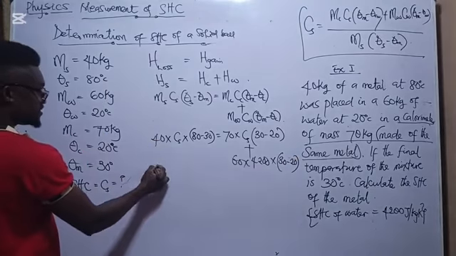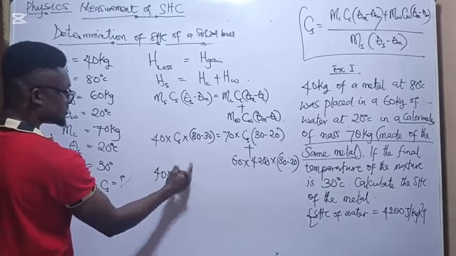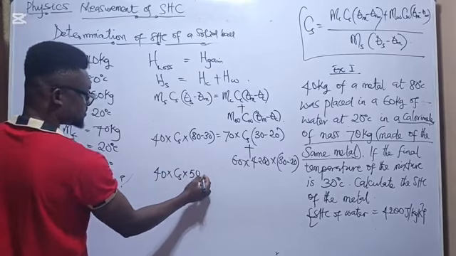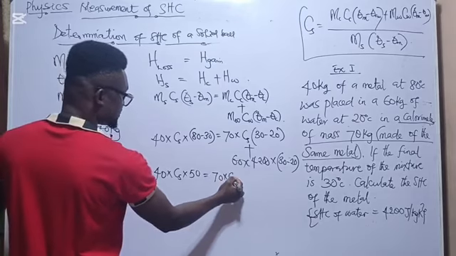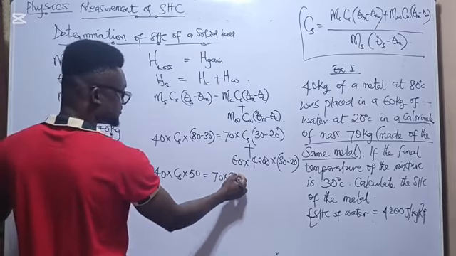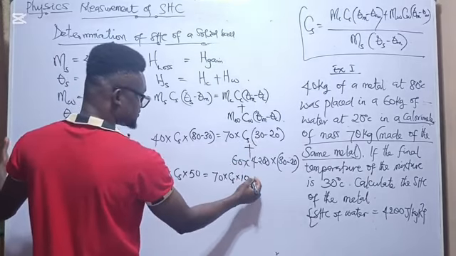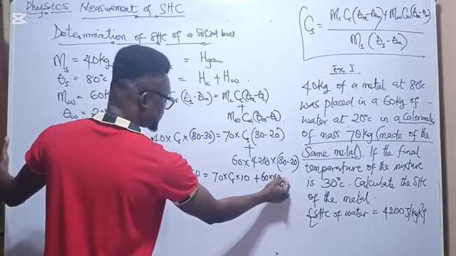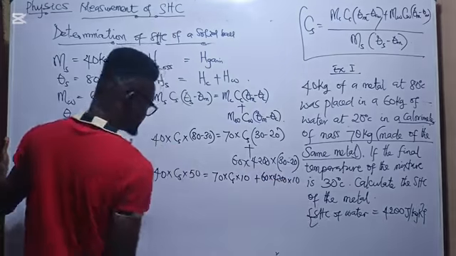So here is 40 times specific heat capacity of the solid. 80 minus 30 will give 50. Then equal to 70 times specific heat capacity of solid times temperature difference. 30 minus 20 will give 10, right? Then plus we have 60 times 4,200 times 30 minus 20, which is 10.